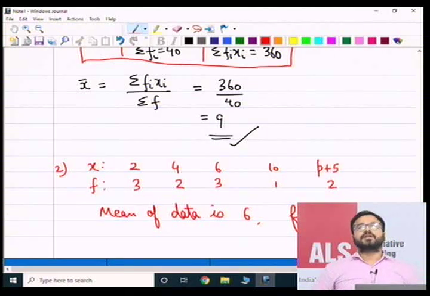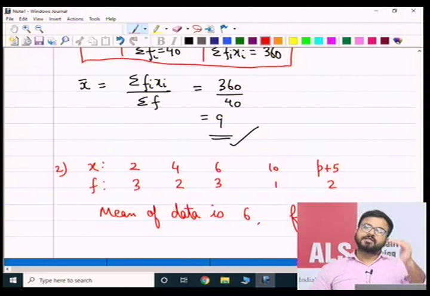The mean of the data is given, and you can see in the following data the last value is given in terms of p plus 5, and the rest of the things are complete. It also says that the mean of the following data is 6. We have to find the value of p.